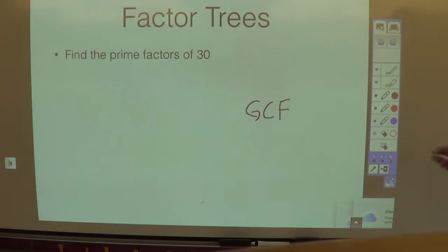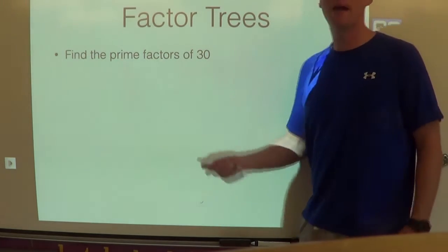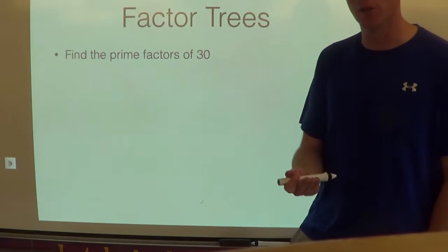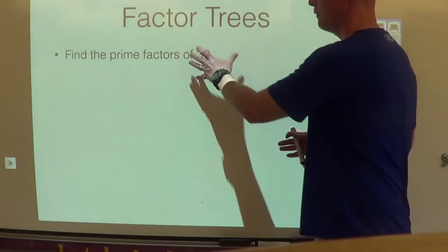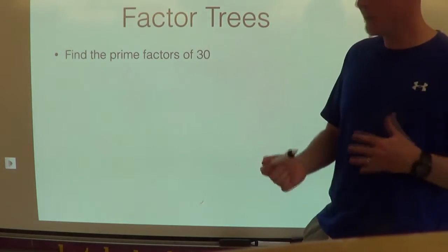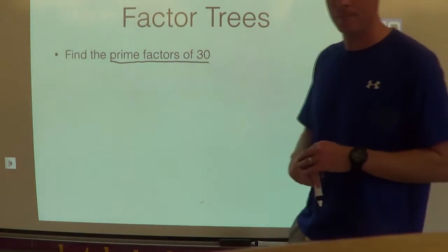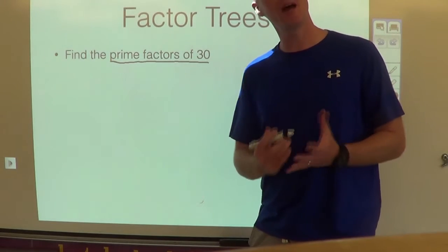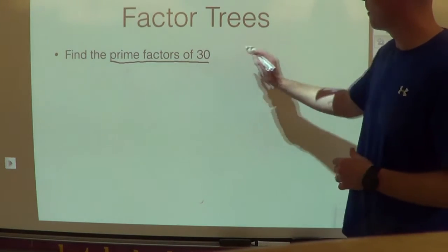Okay. A skill you may or may not be familiar with is factor trees. And we're going to do a factor tree here. So the question states, find the prime factors of 30. In order to do that, you make a factor tree. To do that, you start with your number, which is 30.